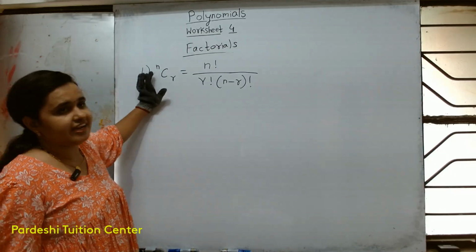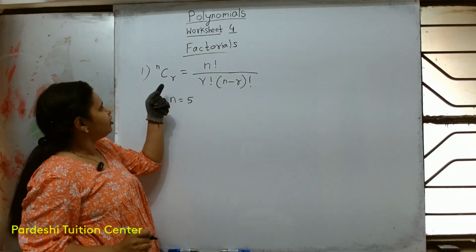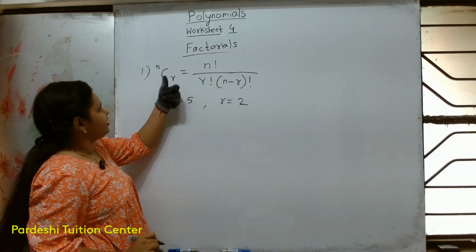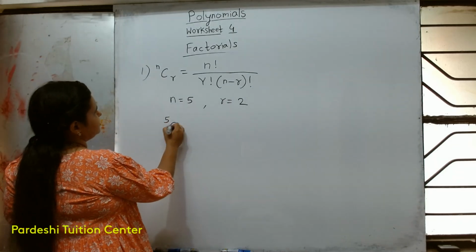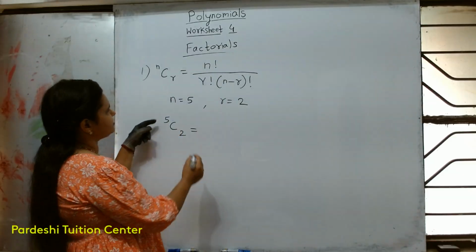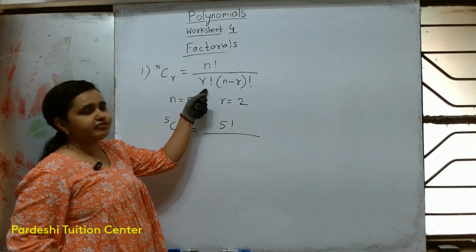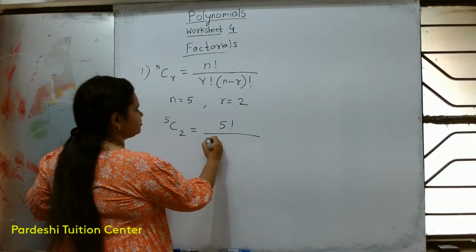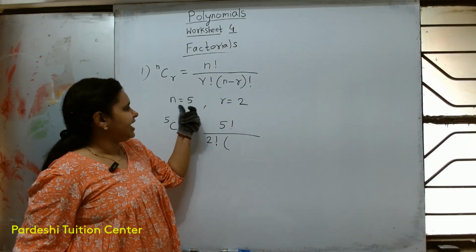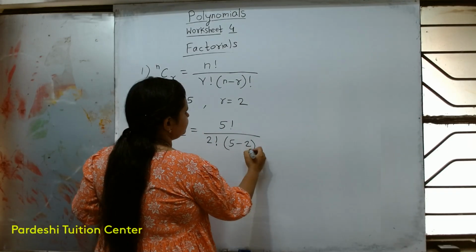If I take the value of n as 5 and the value of r as 2, let us check. It will be 5C2. Now n factorial means 5 factorial upon r factorial. What is r? It is 2, so it will be 2 factorial. Now n minus r means 5 minus 2 factorial.